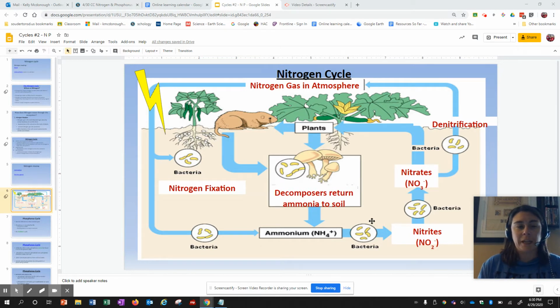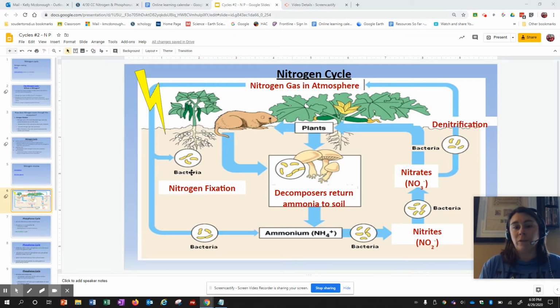Everything's recycling. The main difference with the nitrogen cycle is that because we can't use it, nitrogen has to be what we call fixated, or fixed. There's bacteria in the soil that can take atmospheric nitrogen, and they're powerful enough to break it down. Some bacteria break it down into ammonia, which is when the nitrogen's been mixed in with water. Other bacteria can break it down into nitrates and nitrites.